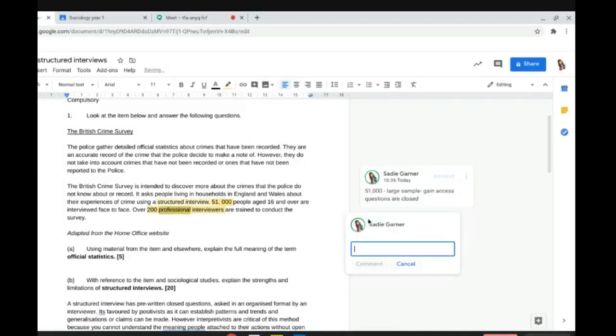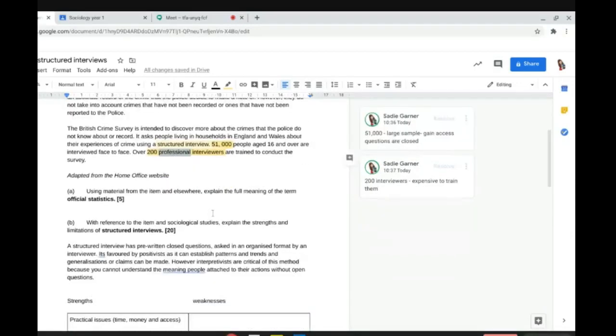If they have 200 interviewers, then that's going to be incredibly expensive to train them to conduct the interviews. So those are the 2 hints, I reckon, that they're giving you to use in the item.